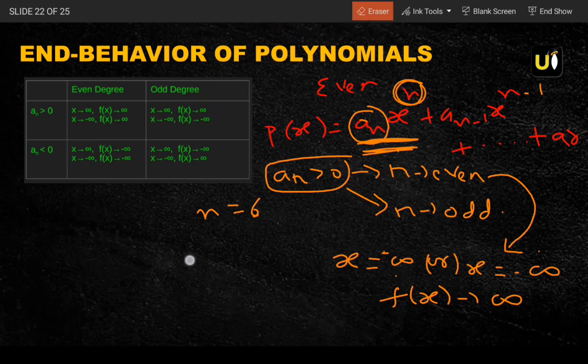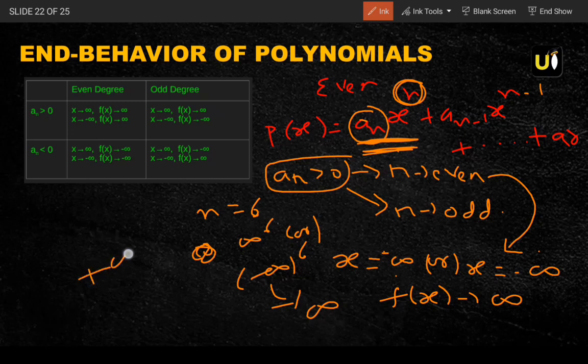Same, a_n is the leading term, n is the degree. So here a_n is less than 0. Now let us take a_n less than 0 and n even. This is the case we have.